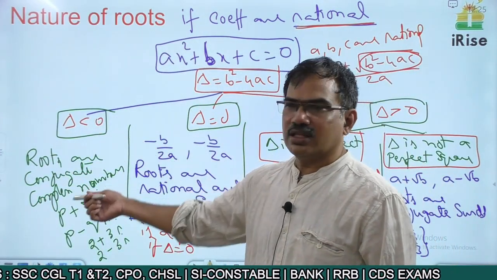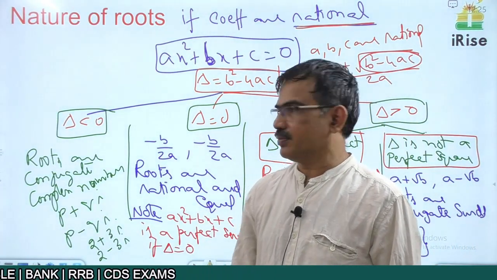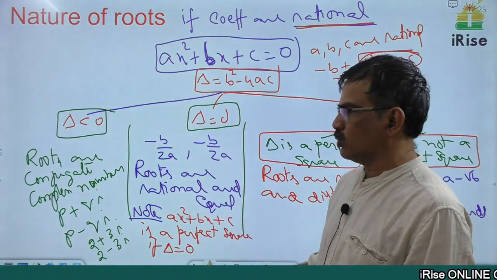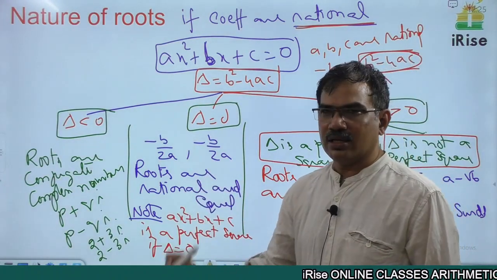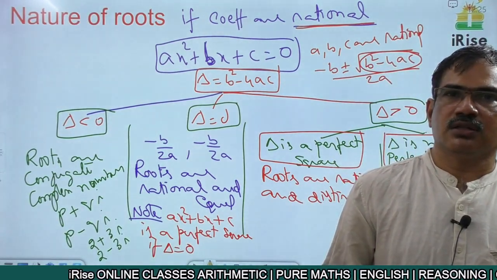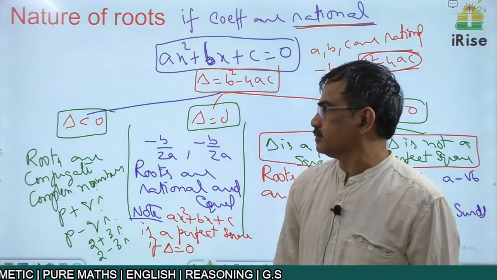If delta less than 0, already in the previous case they are conjugate complex numbers. And if delta is equal to 0, the roots are rational and equal. In the previous case they are real and equal. So this is about the nature of roots of the quadratic equation.